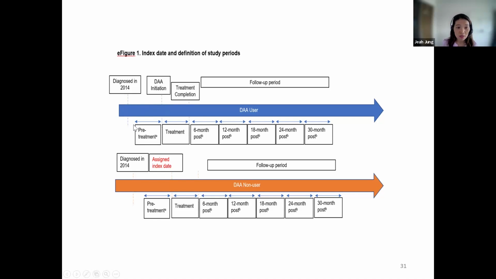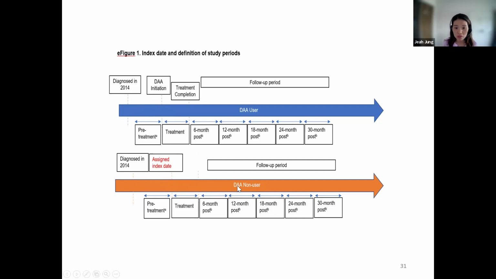For these patients, we have to have a control group who has the same time to treatment. Then we can assign this fake index date to the DAA non-users, such that the distribution of time to treatment is equal between DAA users and non-users.